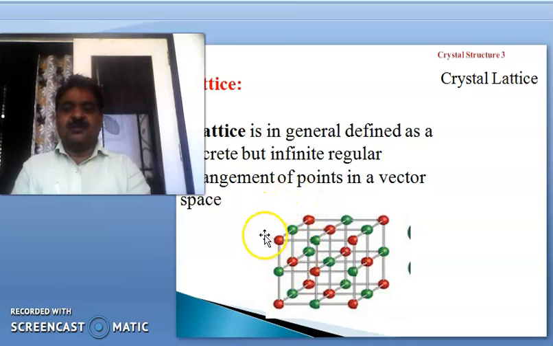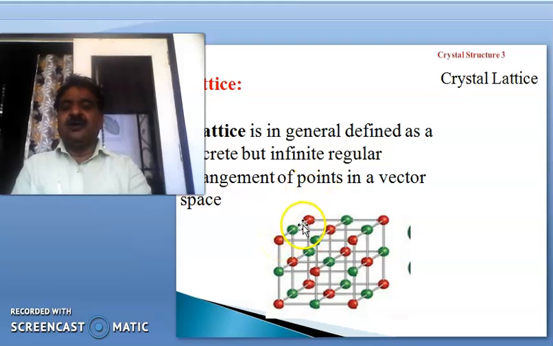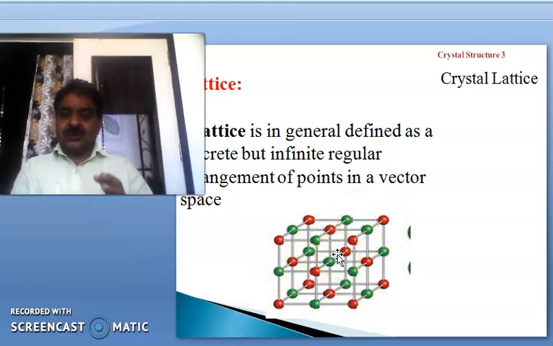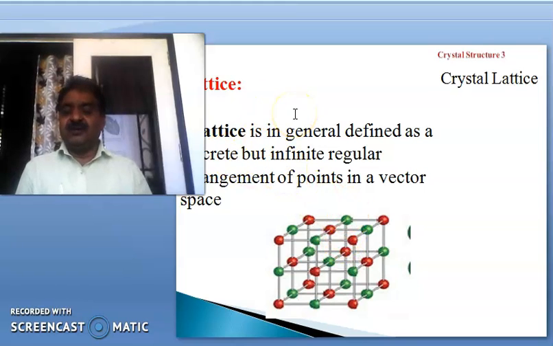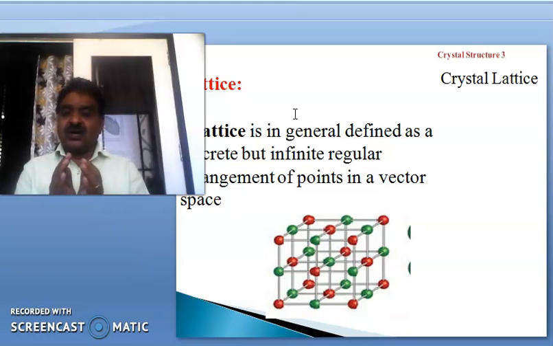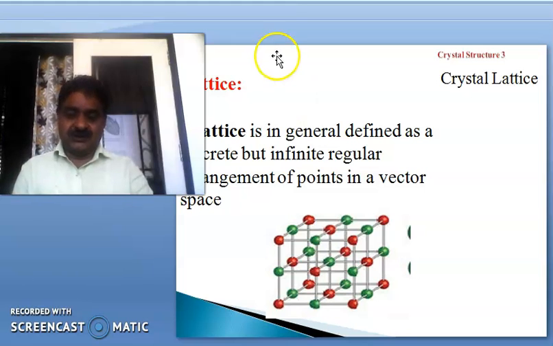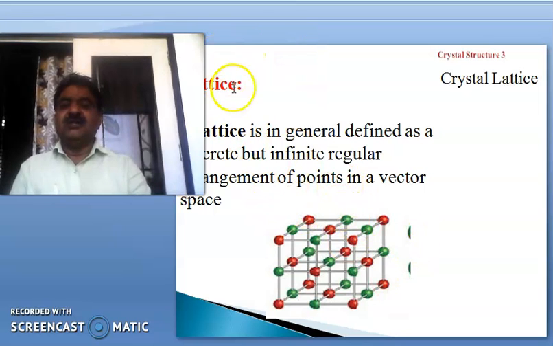These particles are depicted by points. So here red, green, red, red, green, red, red, green, red. What is this? A regular and repeating arrangement of the points in space. So a lattice is, in general, a discrete but infinite regular arrangement of points in a vector space. In this way you can easily define a lattice in a solid.